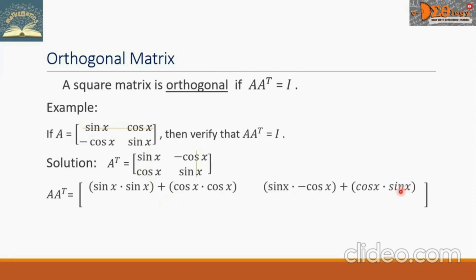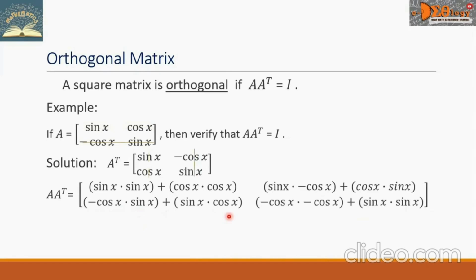For the element here, we have sin x times negative cosine x plus cosine x times sin x. For the element below, we have now negative cosine x times sin x plus sin x times cosine x. Then the last will be negative cosine x times negative cosine x plus sin x times sin x.